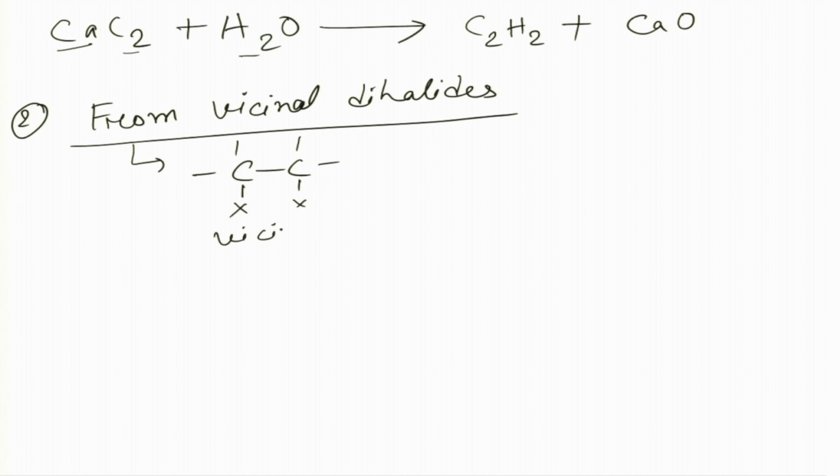Geminal means attached to the same carbon. From vicinal dihalides, we can prepare alkynes. We previously prepared alkenes from vicinal dihalide with zinc, but here also an elimination reaction will occur, and we need a stronger base.